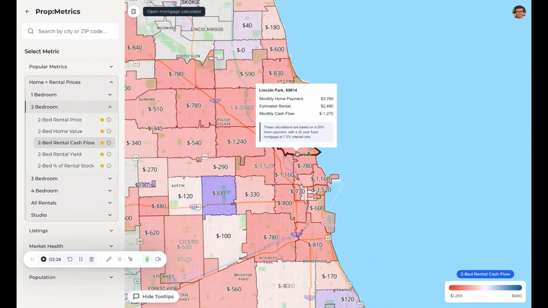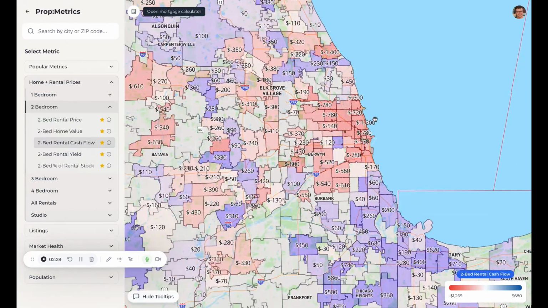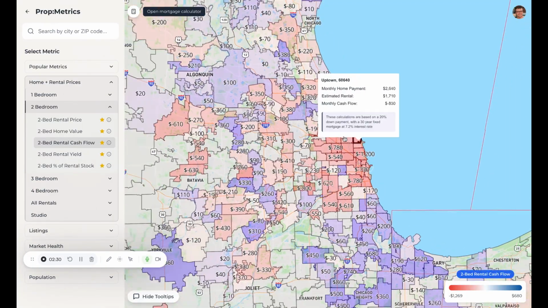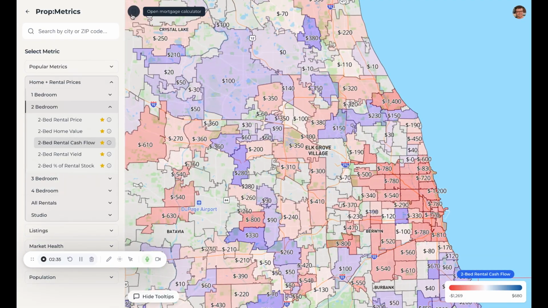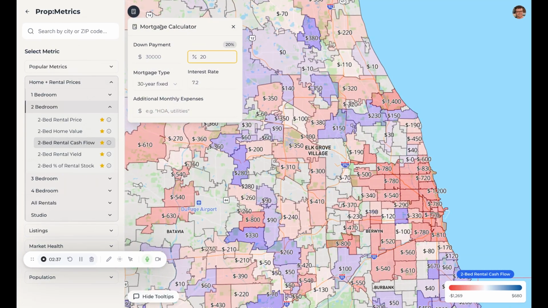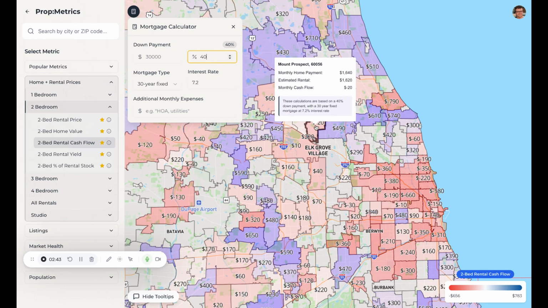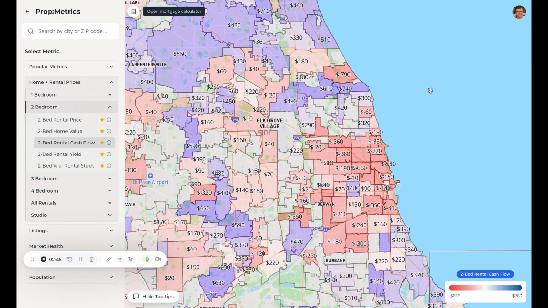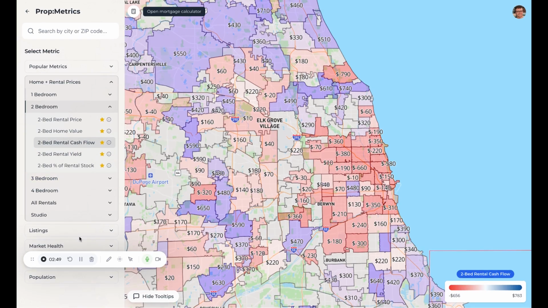And it looks like most of downtown is not a great place to be buying something if your goal is to rent it out profitably each month. But we obviously know that your profitability is highly dependent on what your financing terms are. You can see that if I'm increasing the interest rate or the down payment considerably, a lot of places are showing potential cash flow that previously weren't.